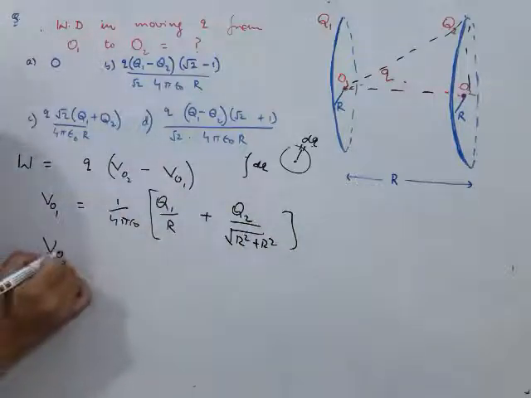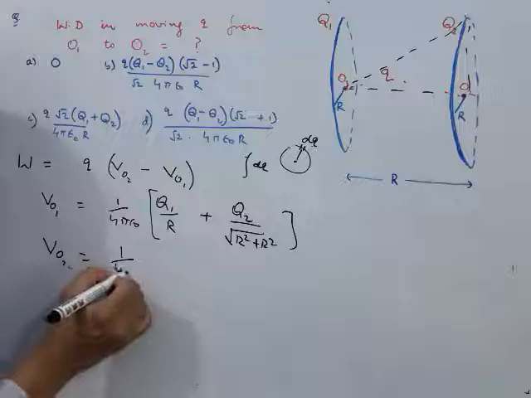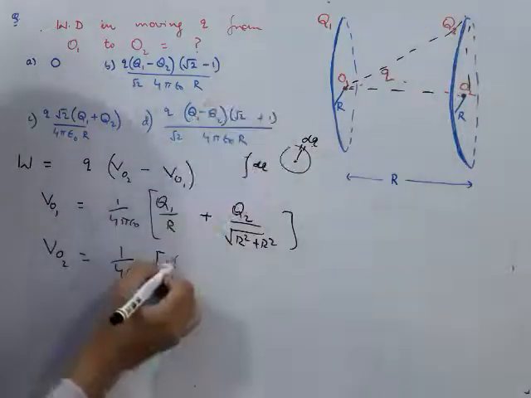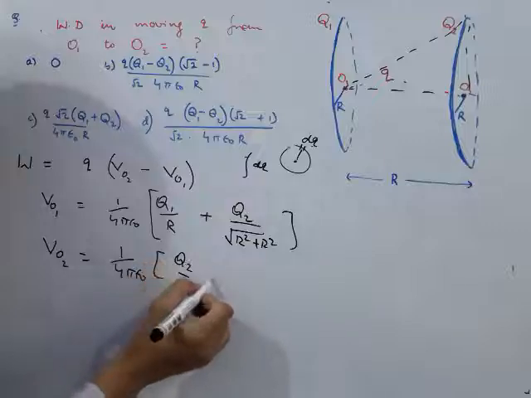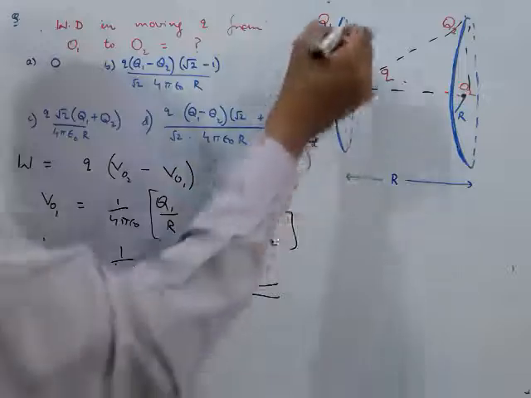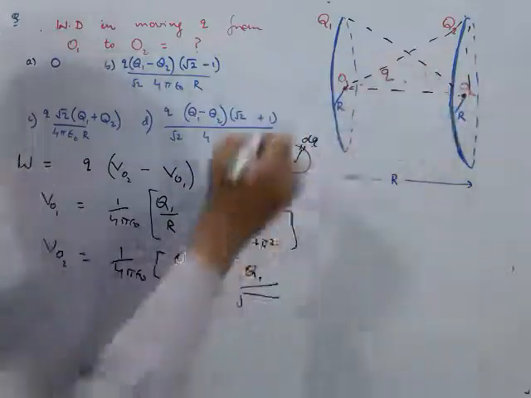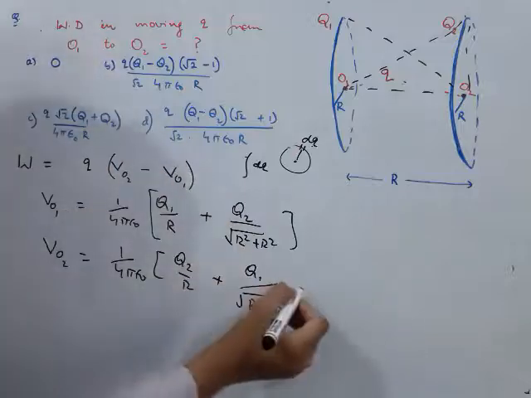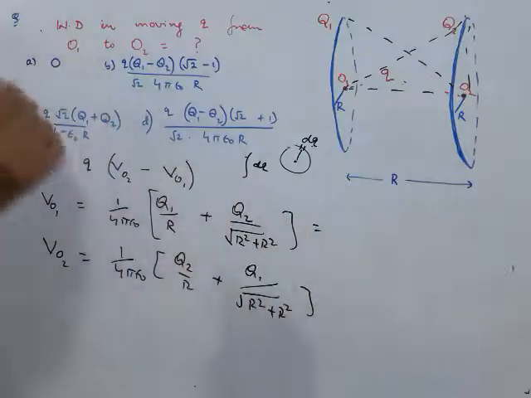Likewise, potential at O2 will be how much? Let's see quickly, 1 by 4 pi epsilon naught. At O2, due to this ring, it will be Q2 upon R, and due to the first ring, it will be Q1 upon root under this distance, that is again root under R square plus R square. Let's see how much we get.